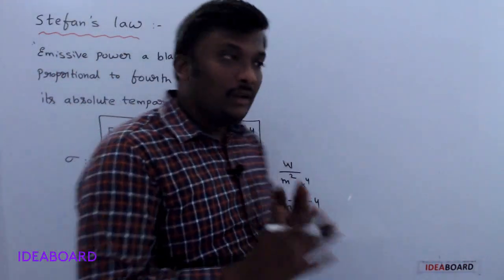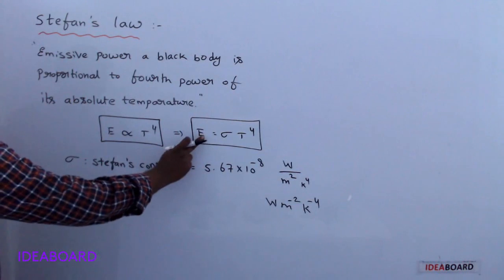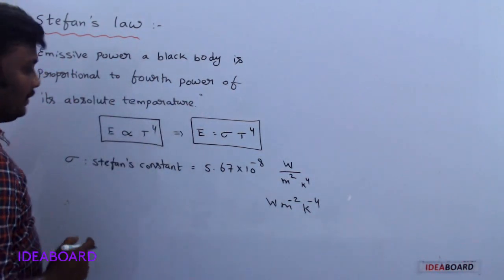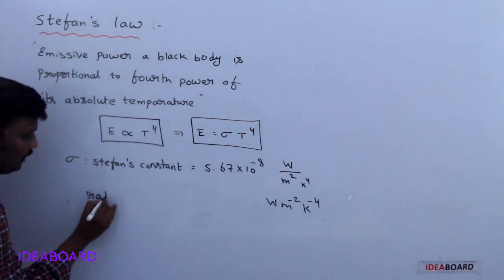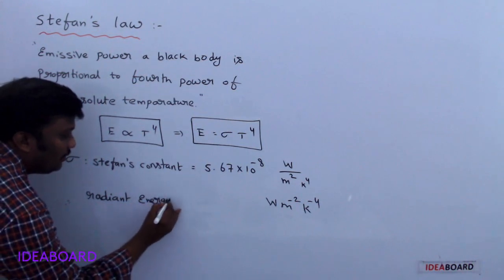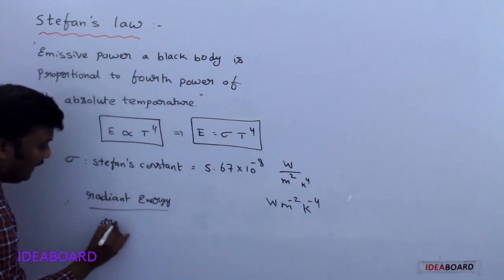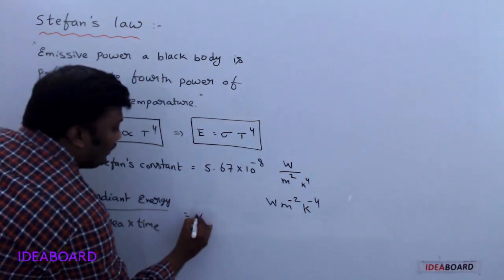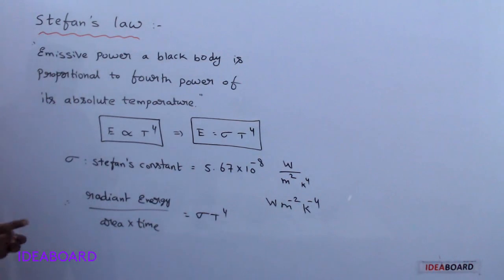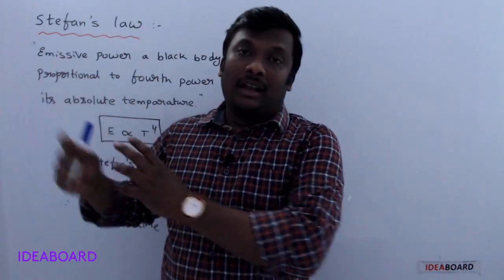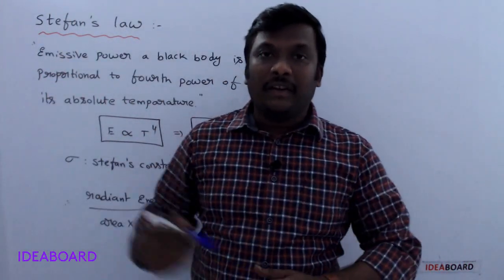Now, let us see the definition of emissive power. Emissive power can be written as radiant energy per area into time, which is equal to sigma T power 4. This definition was discussed in the last section, so please verify that video.